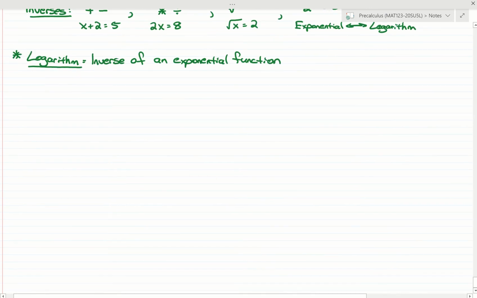There are a lot of properties with logs, but one property we're going to be using right away is called the translation property. Now the translation property says if you have a problem like, say, x is equal to a to the y power, we should be able to convert this into logs, where we could write log base a of x is equal to y.